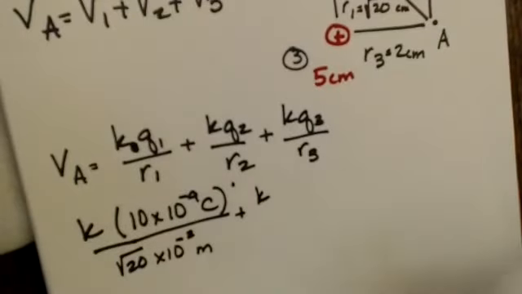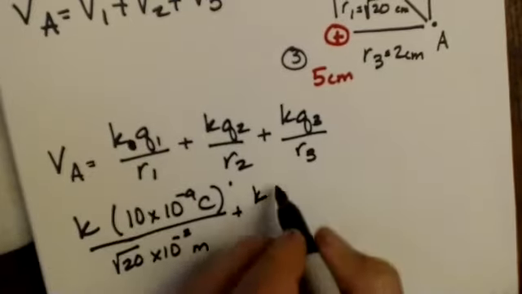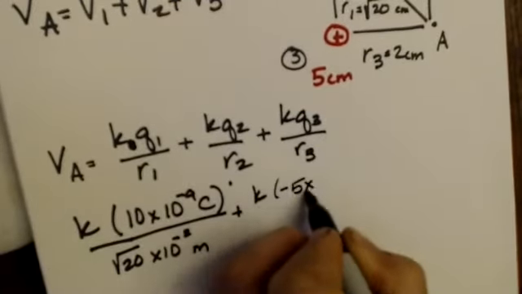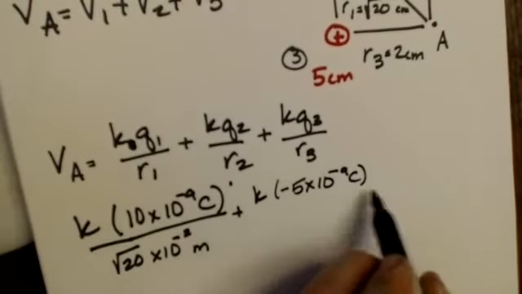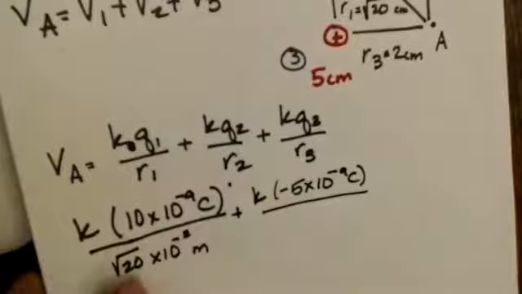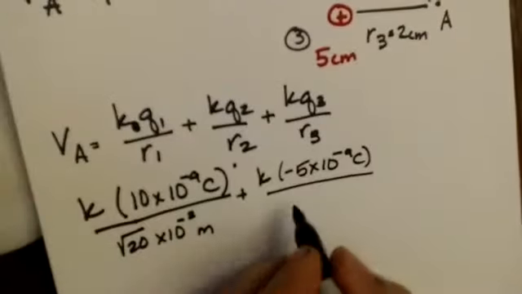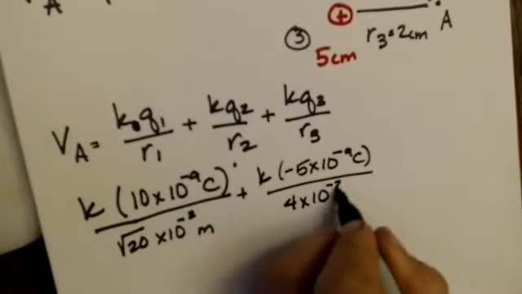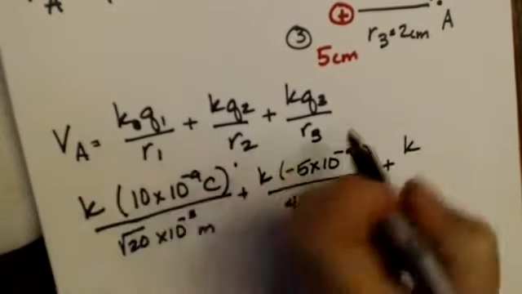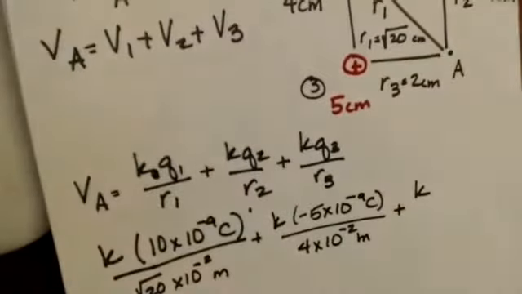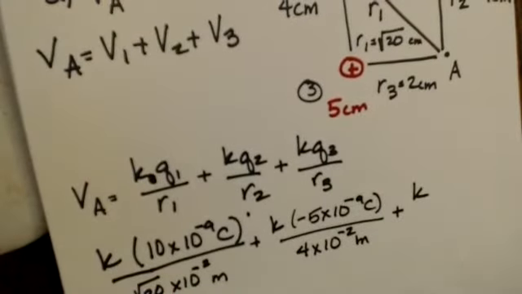Okay, plus K Q2 is the minus 5. So now I need to put in negative 5 times 10 to the minus 9 coulombs. So this term is going to be negative. I must remember to put that negative in. Then R2 is easy because it's just 4 centimeters. So 4 times 10 to the minus 2 plus K times Q3, which was, I put 5 centimeters.